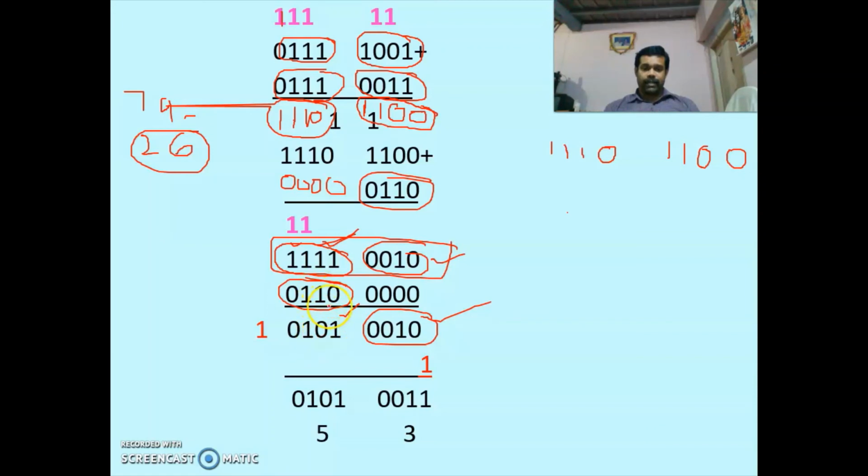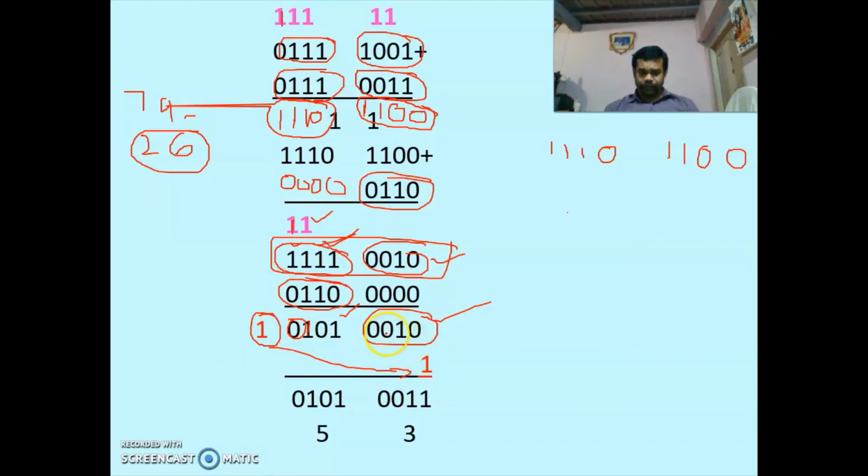You are writing the sum here and you are writing the carry here. 1 plus 1 plus 1, that is 11. You are writing the sum here and you are writing the carry here. So 1 plus 1 is 10. You are writing the sum here and you are writing the carry here. So here you are getting a carry. So you have to add this carry with this number.